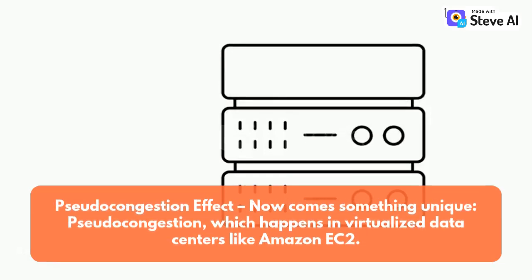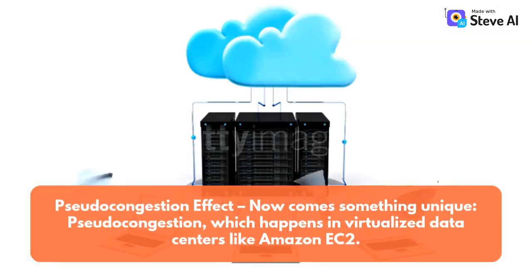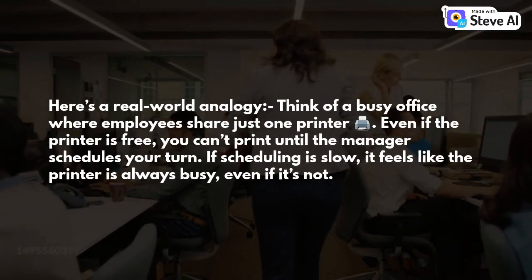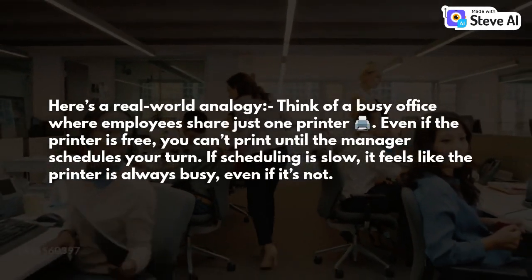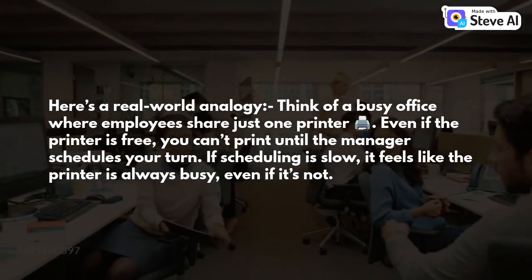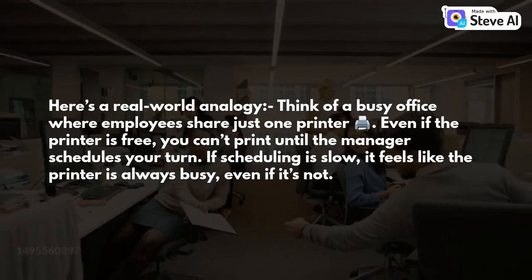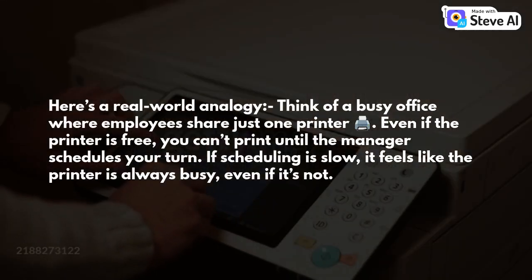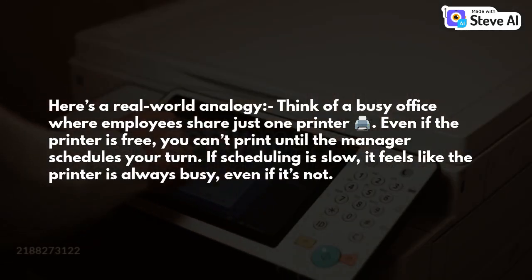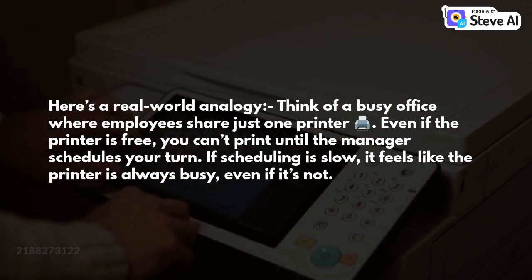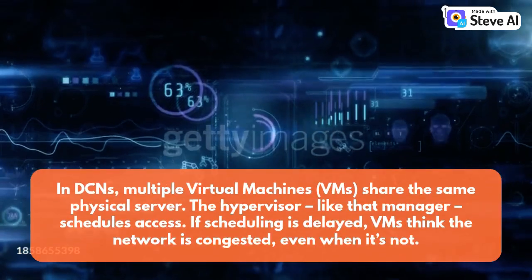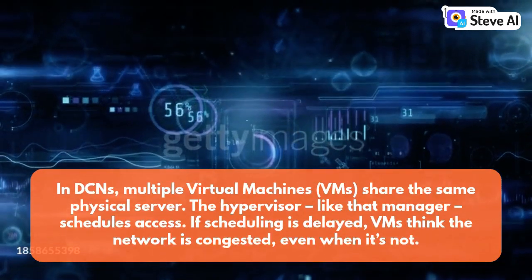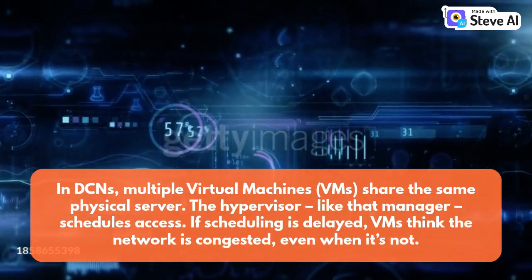Pseudocongestion effect. Now comes something unique. Pseudocongestion, which happens in virtualized data centers like Amazon EC2. Here's a real-world analogy. Think of a busy office where employees share just one printer. Even if the printer is free, you can't print until the manager schedules your turn. If scheduling is slow, it feels like the printer is always busy, even if it's not. In DCNs, multiple virtual machines, VMs, share the same physical server.